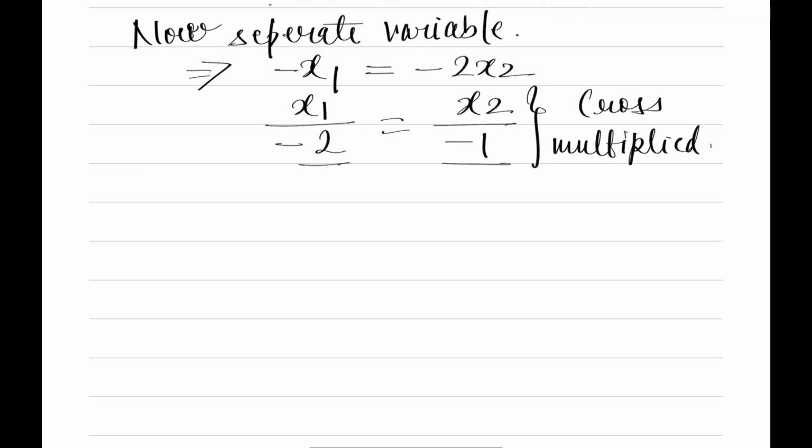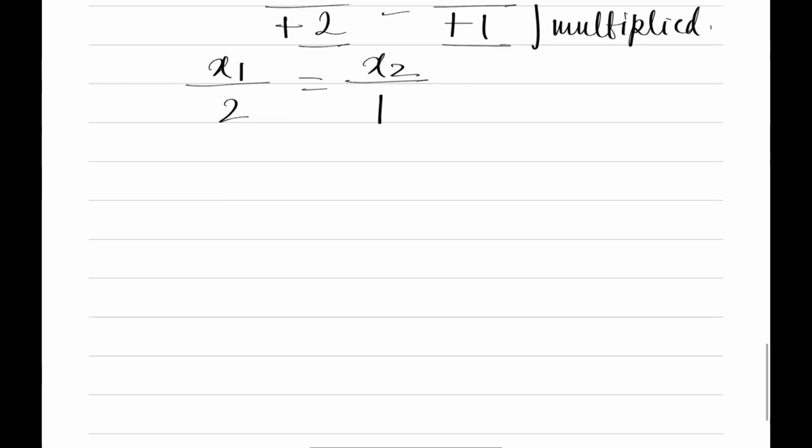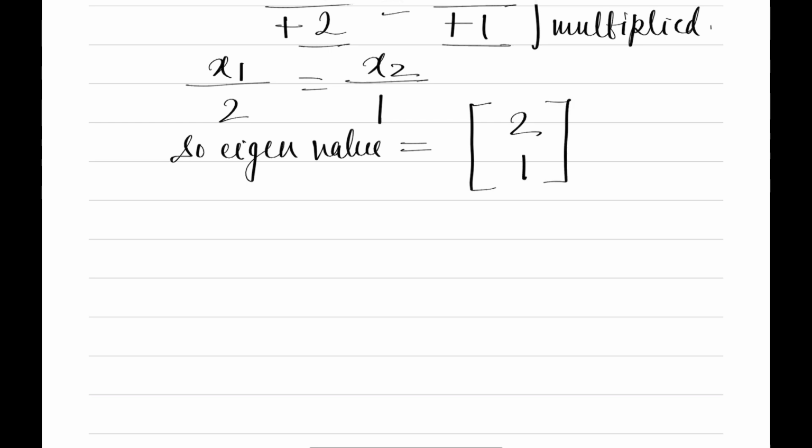Now we have x1 as 2 and x2 as 1. This will become positive. So our eigenvector will be x1 equal to 2 and x2 equal to 1.